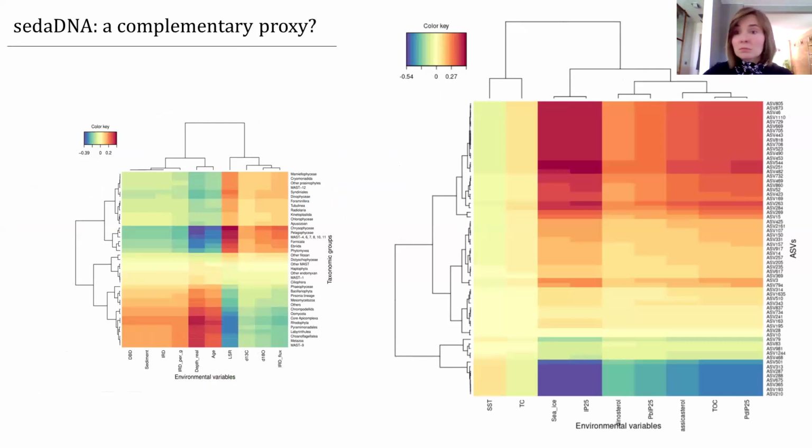If there is a match, we win. That's great. If there is not, we try to explain it. But to develop a proxy, we need quite certain information about the correlations between the occurrence of the taxa and specific environmental conditions. So then we can use it as an indicator.